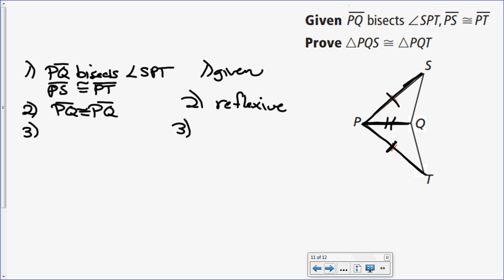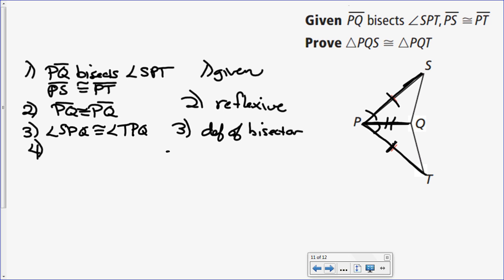And again, this angle was bisected. What does that mean? Cut in half. So these should be equal parts, right? Angle SPQ congruent to TPQ. Okay? Definition of bisector. Do we have enough?